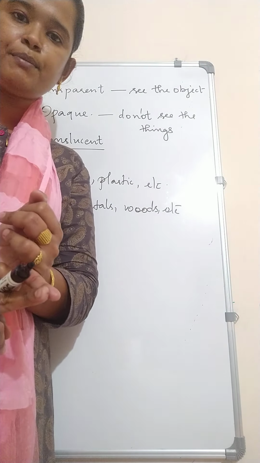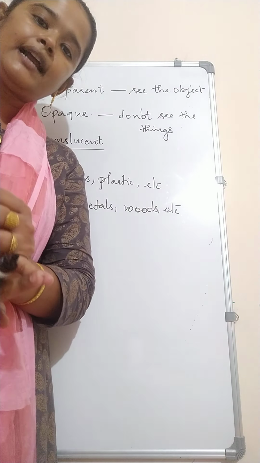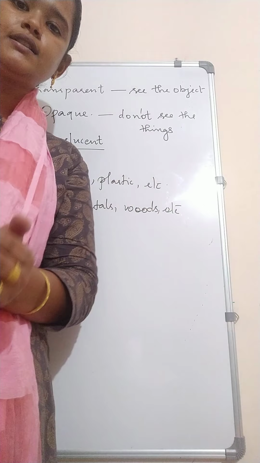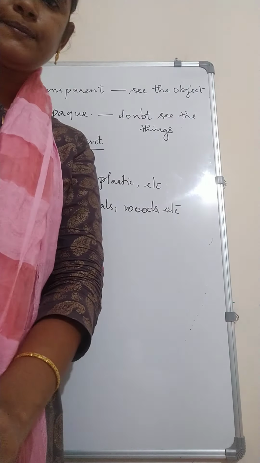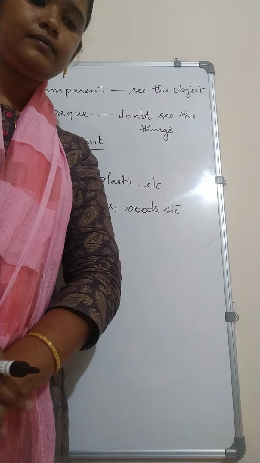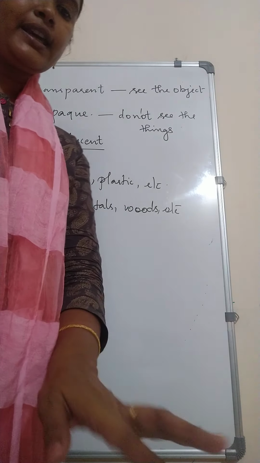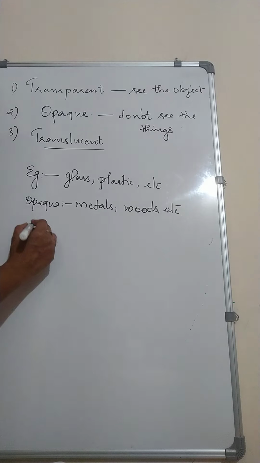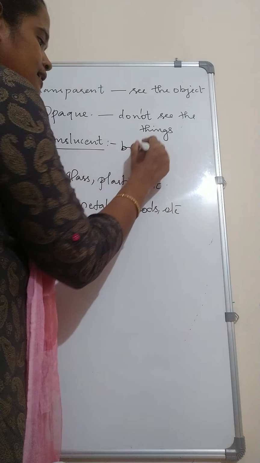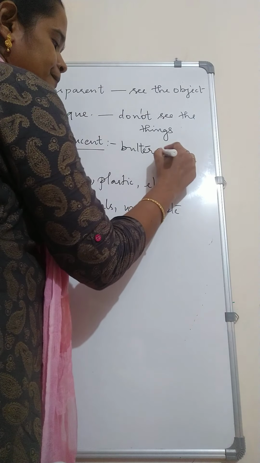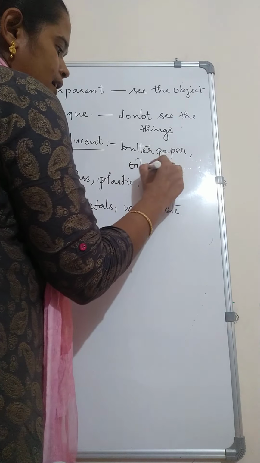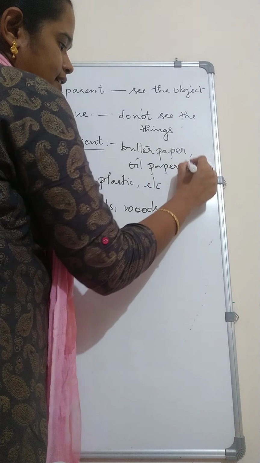Everyone knows what butter paper is, no? Butter paper is a translucent material. And also oily papers. All the oily papers are translucent materials. Did you understand, children? This is in activity 6. So, examples for translucent objects are butter paper, oil paper, etc.